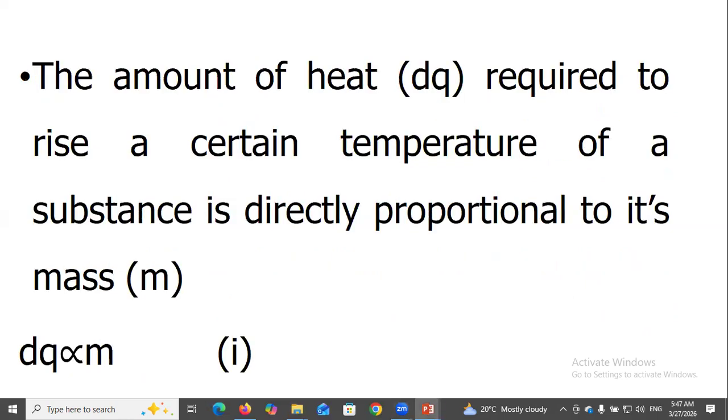The amount of heat dq required to raise the temperature of a substance is directly proportional to its mass: dq ∝ m, equation first.